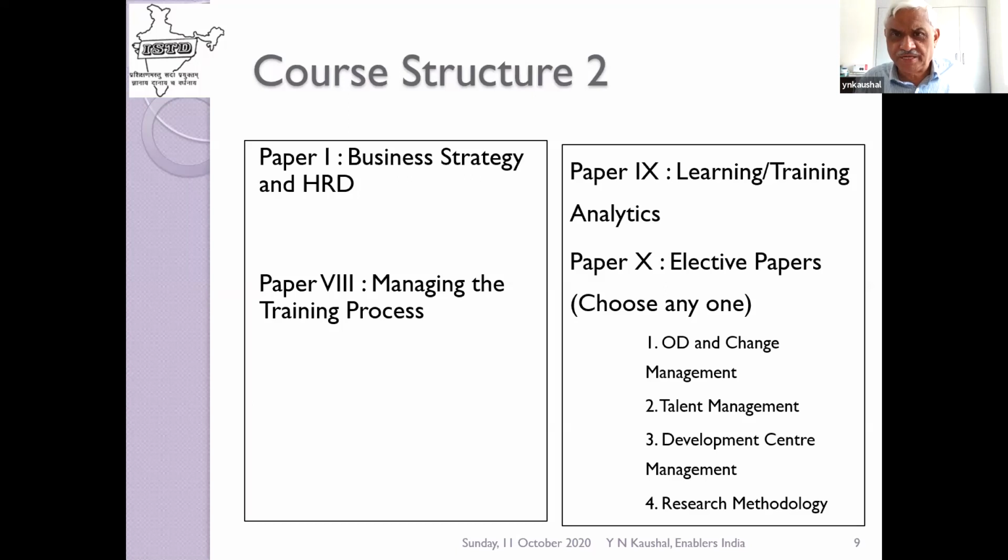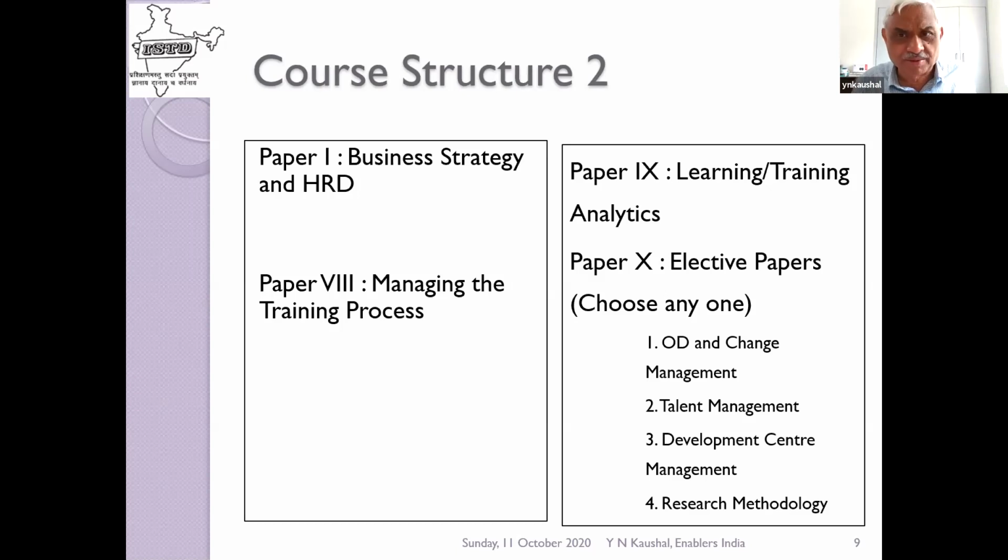What sort of questions do we ask, and how does it affect our decision making? How does it affect our choice of courses we offer, and other decisions in terms of how effective the courses and modules are, etc. All this is actually done in paper 9, right?